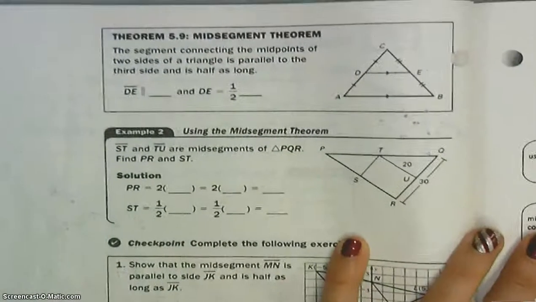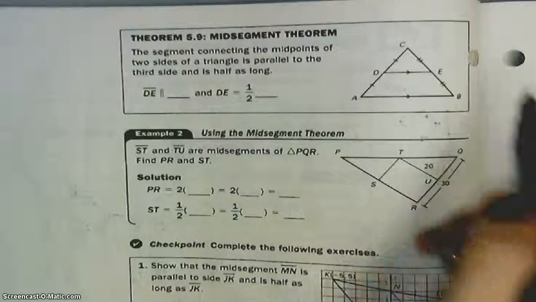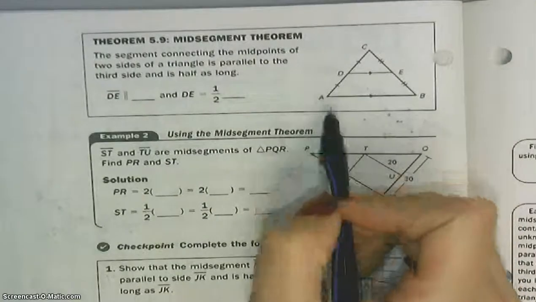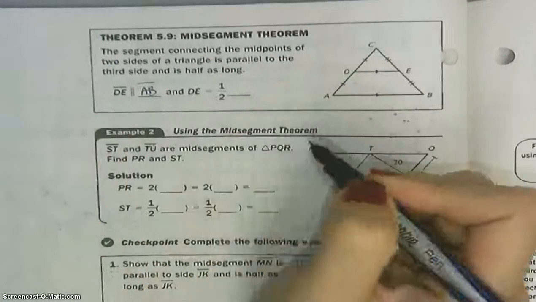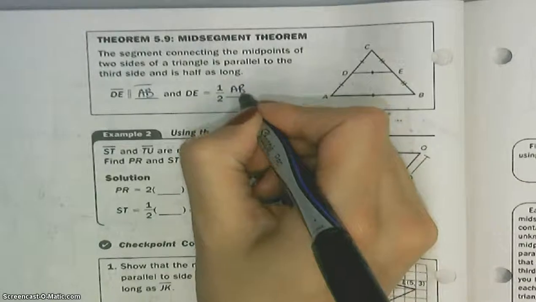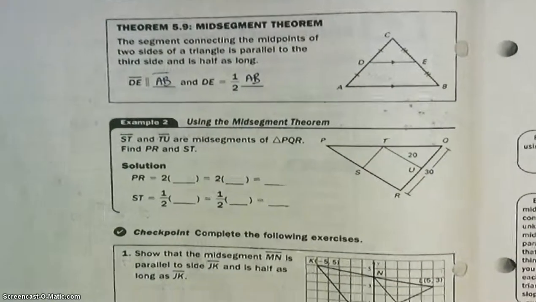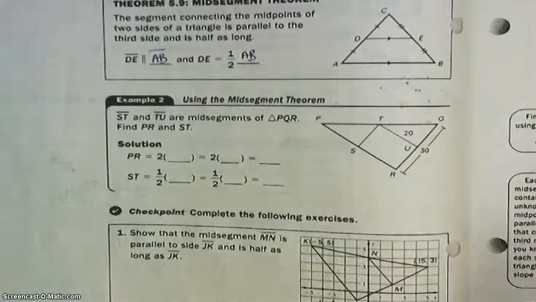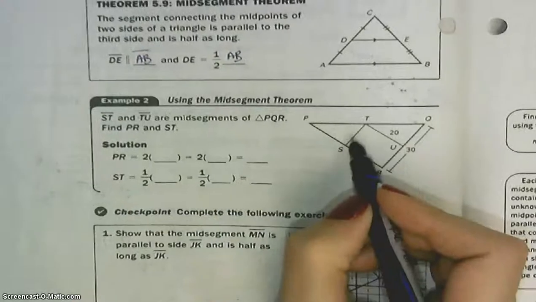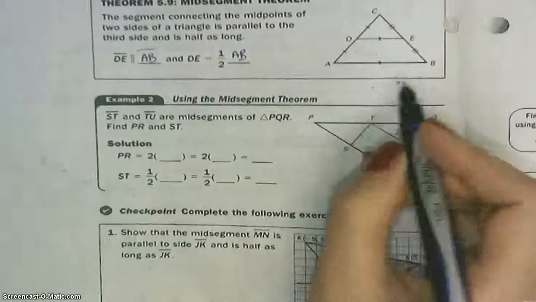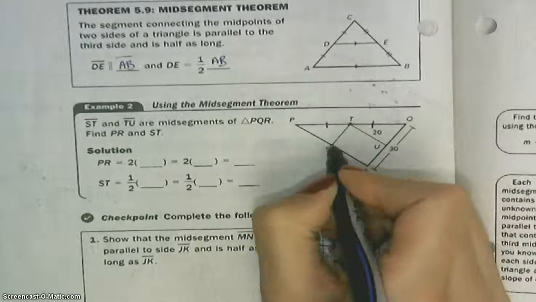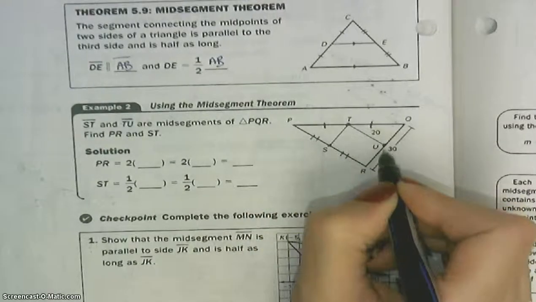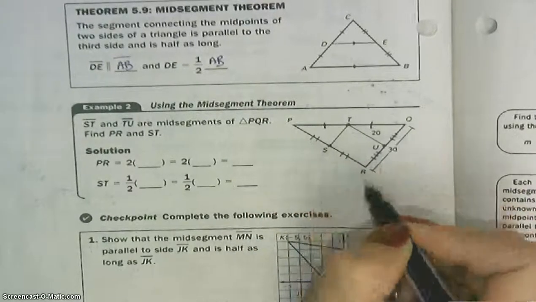Here we turn that into a theorem, the midsegment theorem. DE is parallel to AB, and DE is half of AB. So you're always looking to the parallel side. Here's an example. ST and TU are midsegments. So immediately I know that this is a midpoint, and this is a midpoint, and this is a midpoint.